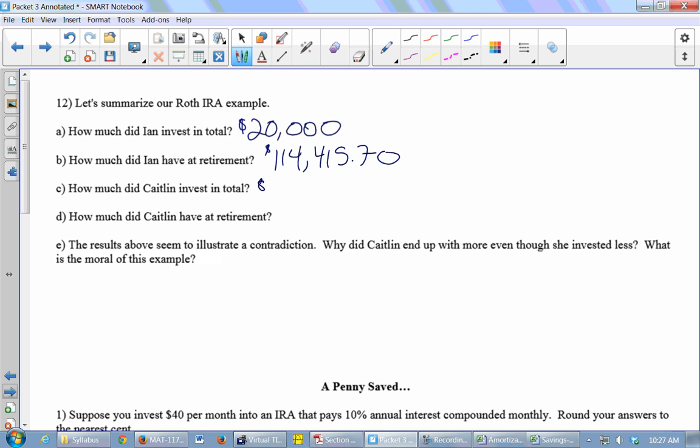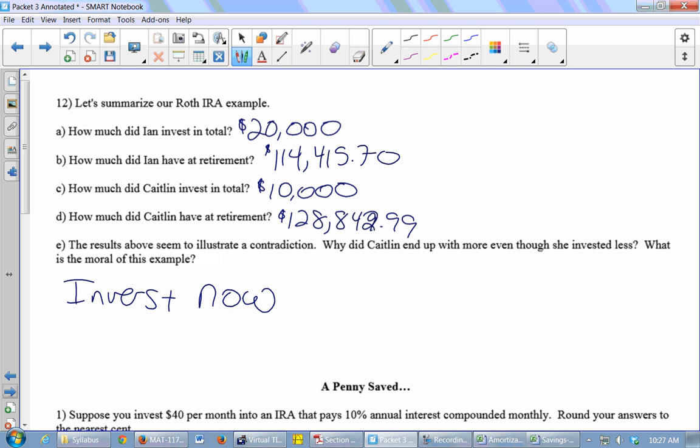And then Caitlin, she invested only $10,000, but at retirement had 128,842.99. Okay. So this seems to illustrate a contradiction. I invested less, but I got more money. And the moral of the example is, invest now. The longer you have, the better your investment will pay off.